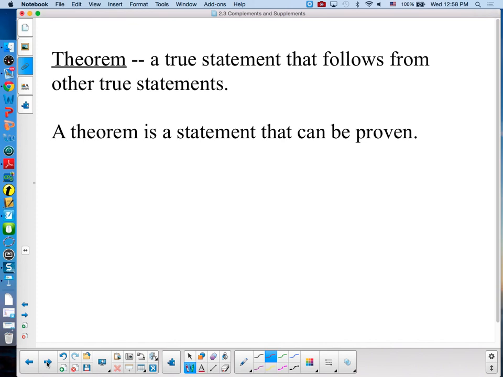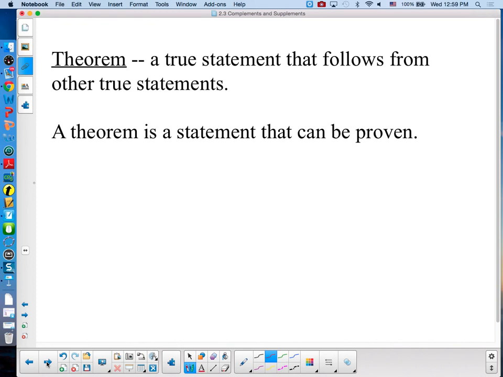We won't prove every theorem that we want to do. So we have two theorems related to complements and supplements. I think the congruent complements theorem and congruent supplements theorem are the names of them.